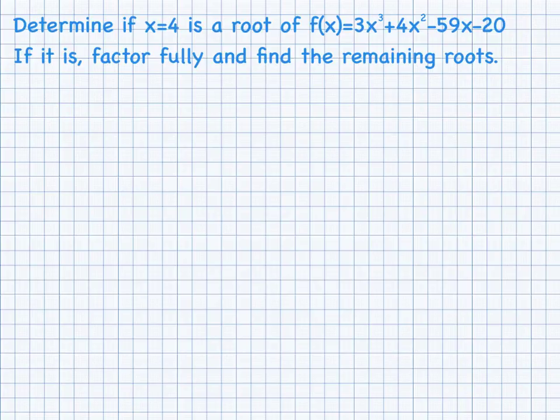Last method is synthetic division. So this one you have to be careful with. You're just using your coefficients, and you have to make sure that your exponents are going from largest to smallest, 3, 2, 1, and 0, and that they are also not missing any, because then you have to use 0 as a coefficient in that place.